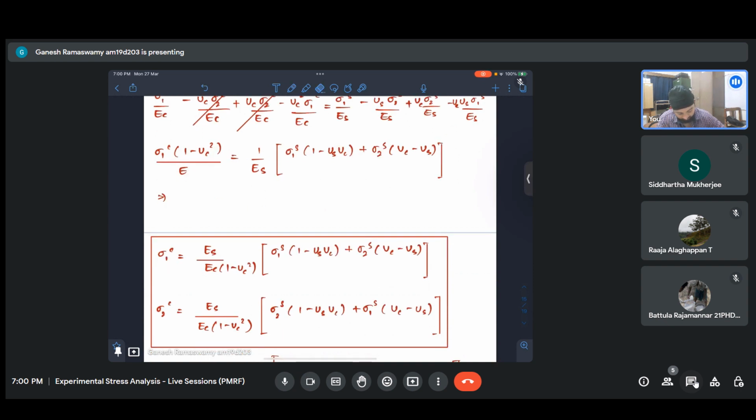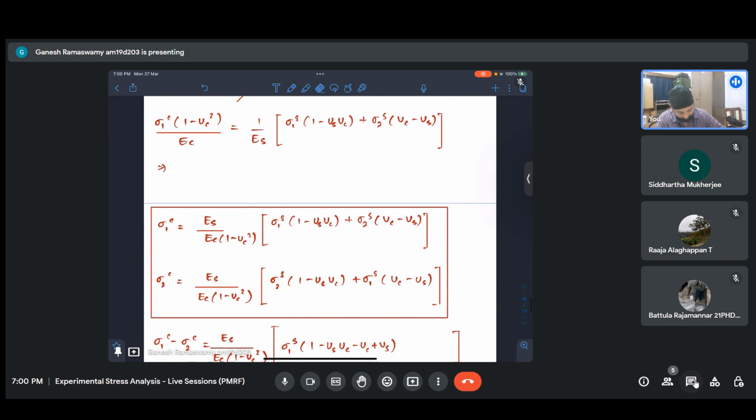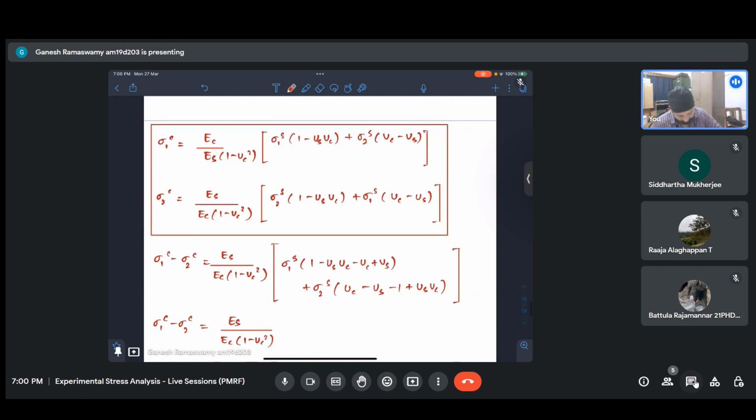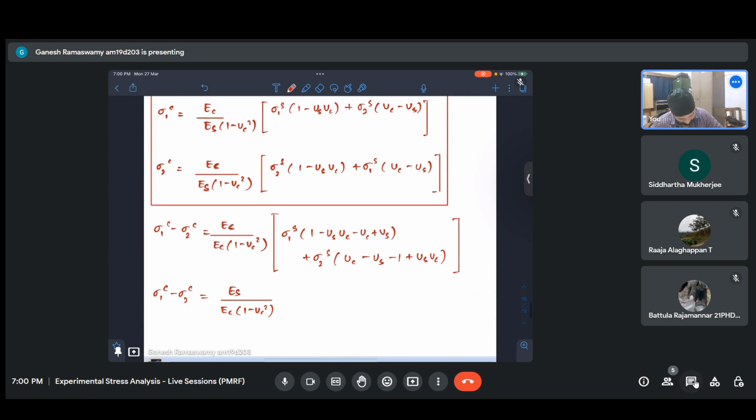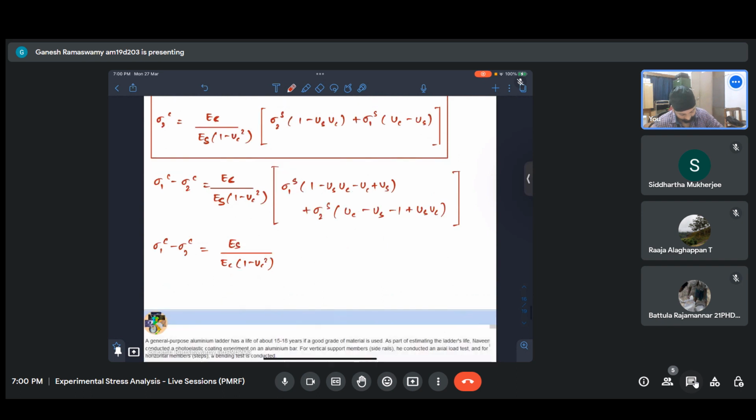Since Ec is at the denominator here, this ratio will just be the opposite. Ec by Es. Since Es is at the denominator here, it will be maintained in the denominator. I hope that that is clear. So I'll just maintain it. Es, Ec, Es. Okay. Rest of the thing is fine.